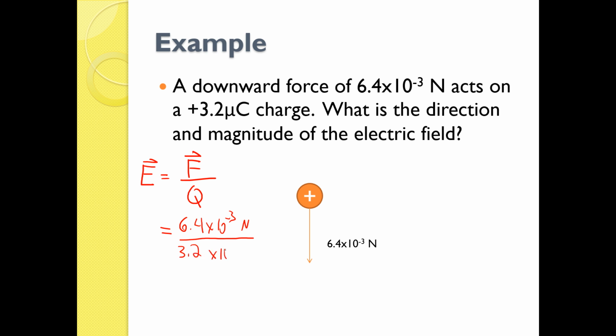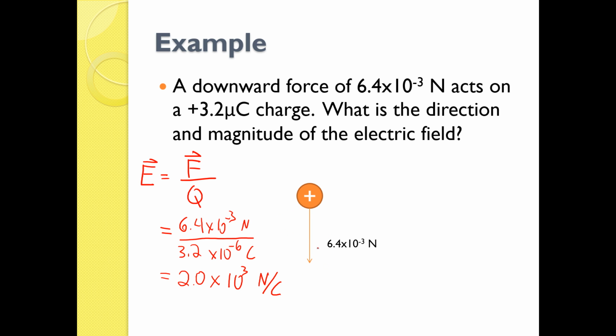Remember, micro means 10 to the negative 6 coulombs. So this ends up being, let's see, 6.4 divided by 3.2 is 2. And then 10 to the negative 3 divided by 10 to the negative 6 is 10 to the 3. And the electric field has units of newtons per coulomb. There we go. All right.